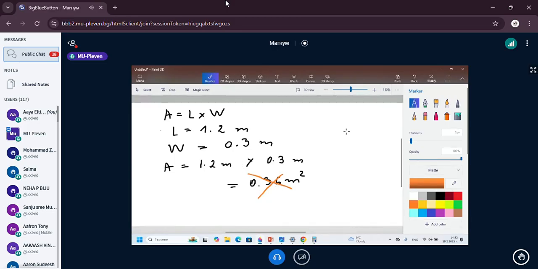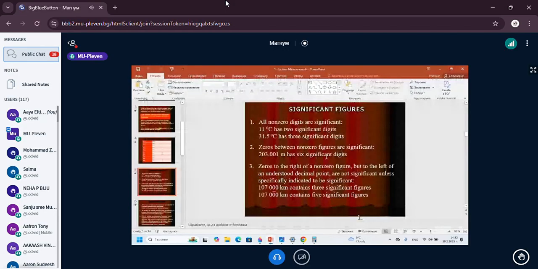That's why there are rules to tell us in what way to write the result. The rules are given in the presentation, but you can also find them in the red practice book. So let us focus on the rules. First rule, all non-zero figures are significant. Second rule, about zeros, they may be significant or non-significant depending on the situation. Zeros between non-zero figures are significant.